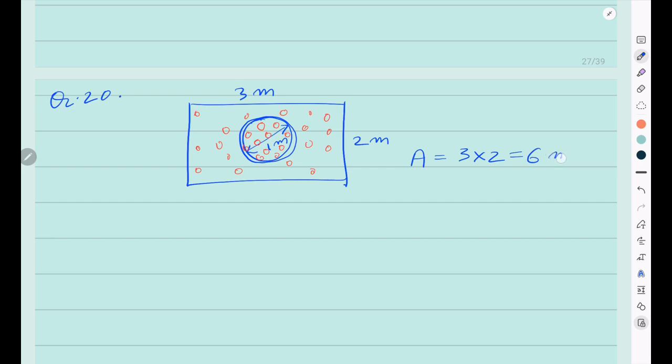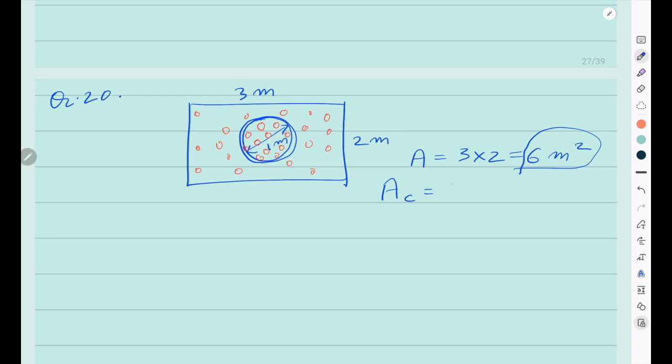which is 6 meter square. And then out of this 6 meter square, there is one circular area, the area where we want to know whether the die has fallen or not. Diameter is given as 1 meter, isn't it?